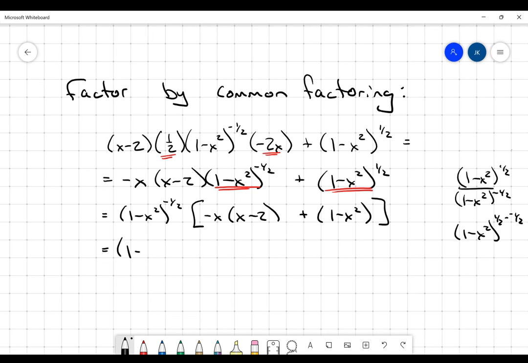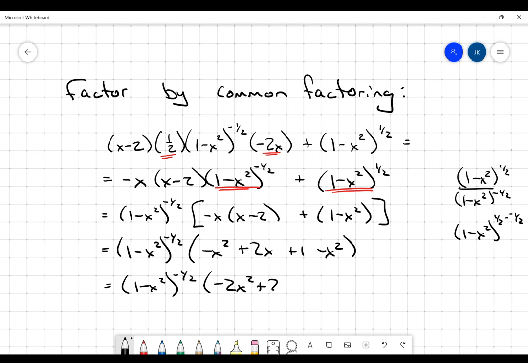So now I get 1 minus x squared to the negative 1/2. Then I'm just going to expand stuff out here. So we'll get negative x squared plus 2x plus 1 minus x squared, and I will get 1 minus x squared to the negative 1/2. And then this will be negative 2x squared plus 2x plus 1.